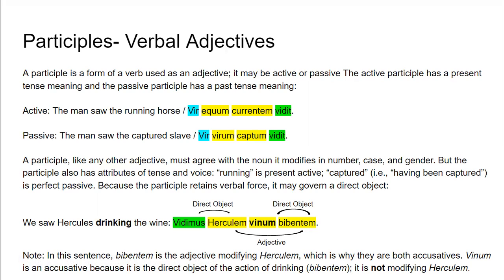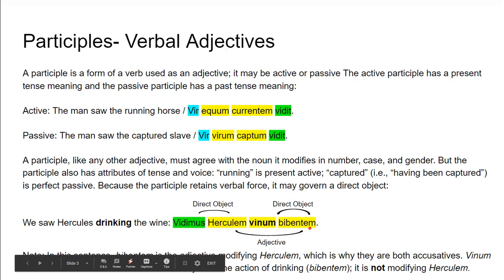Now, bibentem is describing Hercules, but it's taking a direct object. So it's taking vinum. So what is he drinking? He's drinking wine. So the direct object of bibentem is vinum. So Herculem is the direct object of vidimus, which is why it's an accusative. And it is being described by the adjective bibentem.